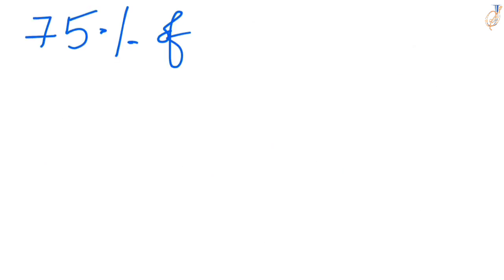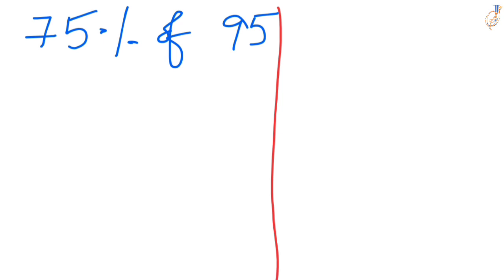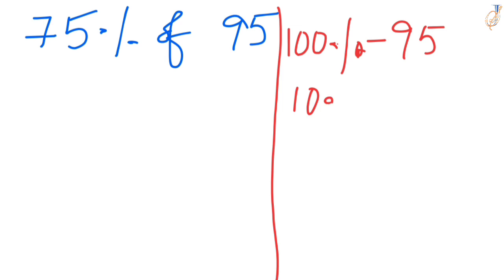75% of 95. First you have to write 100%. What is 100% of 95? A number itself. So that is 95 only. And then what is 10% of 95? You have to move from right hand side one digit and keep a decimal point, which is 9.5.